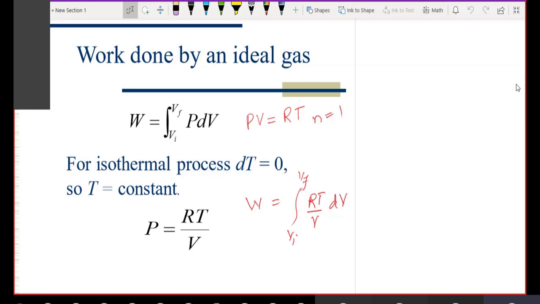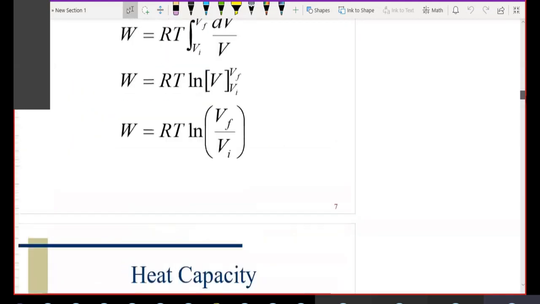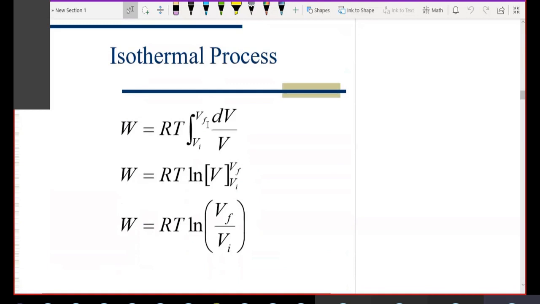And from here we know that R is a gas constant, it is a number, and temperature is constant in the process, so dT is 0, because this is an isothermal process. So what we do, we just have to integrate over volume.